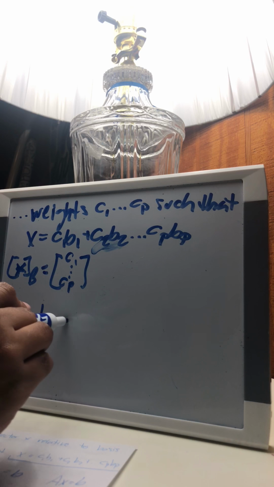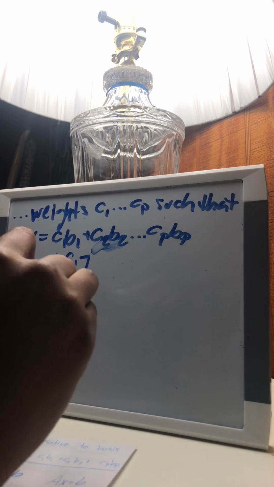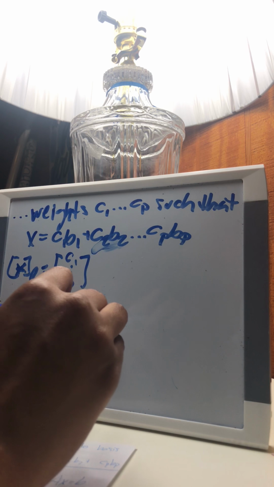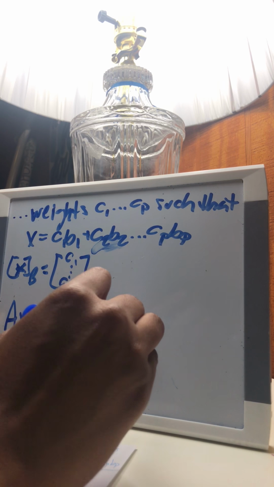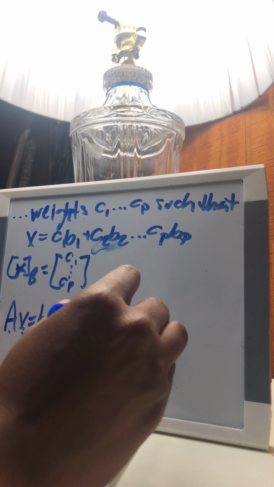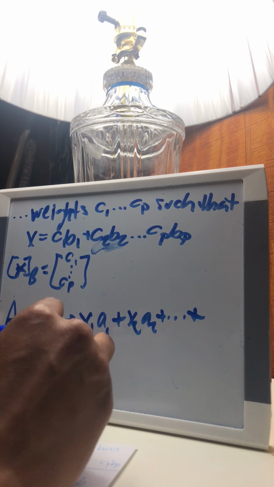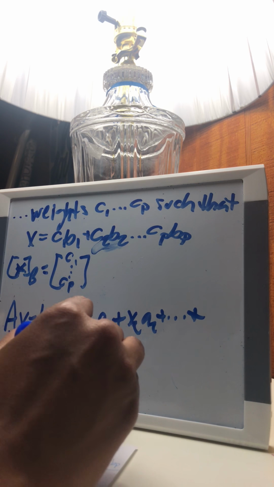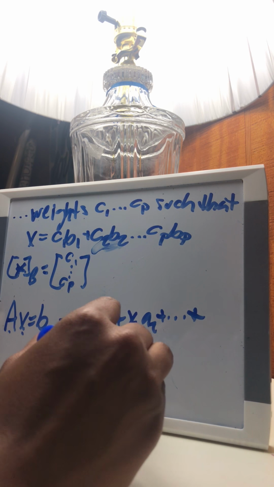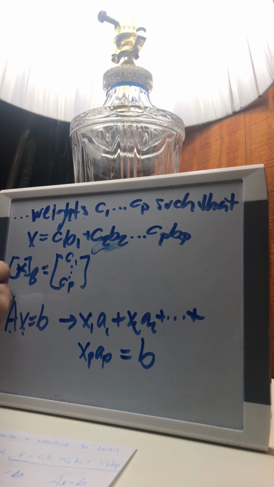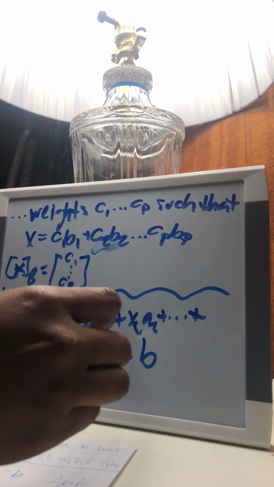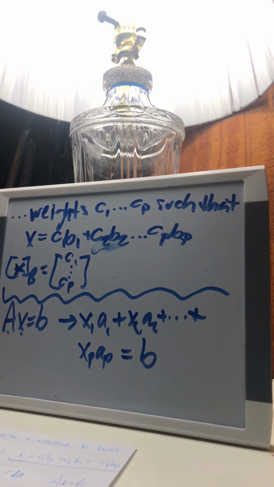And the equation that relates to that is this: x1 a1 plus x2 a2 plus xp ap, which gives you b. So we know this, or we should know this. If we know this, then we can use this to relate to this.